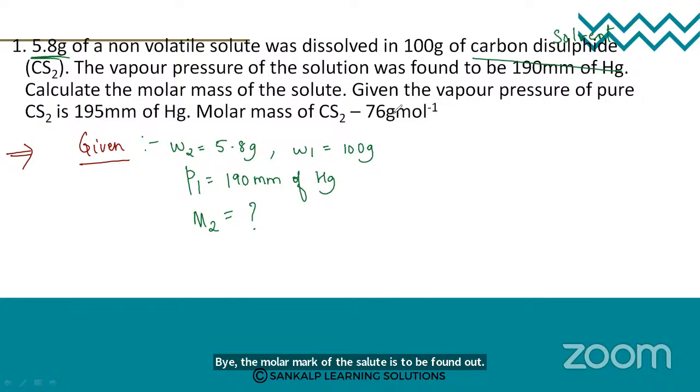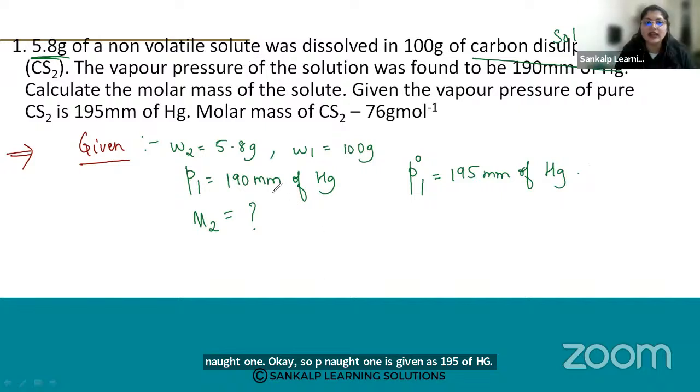Given the vapor pressure of pure CS2, which we write as P naught 1, is 195 mm of Hg. And the molar mass of CS2 is given as 76 gram per mole.